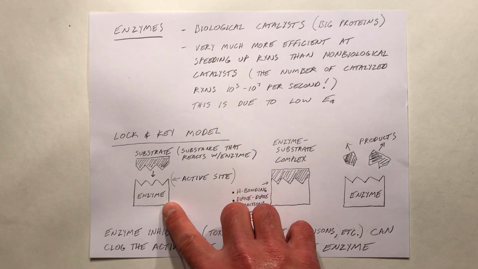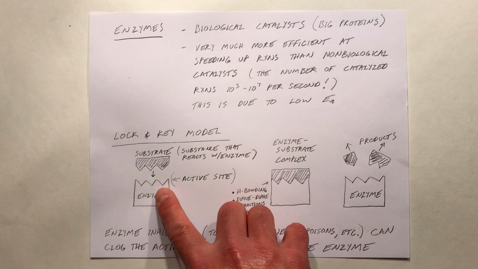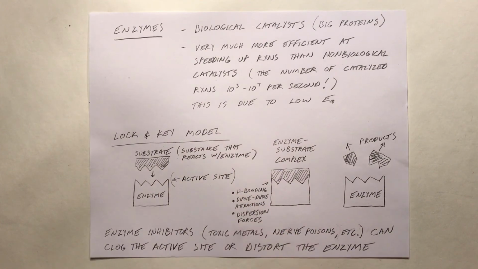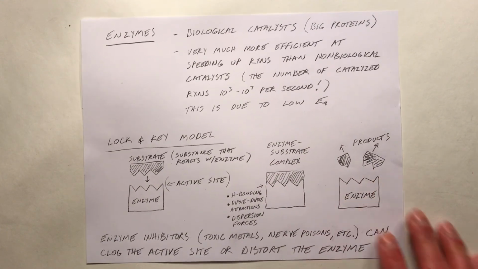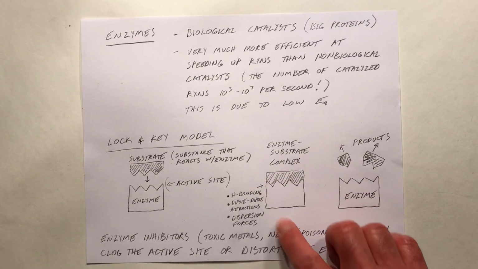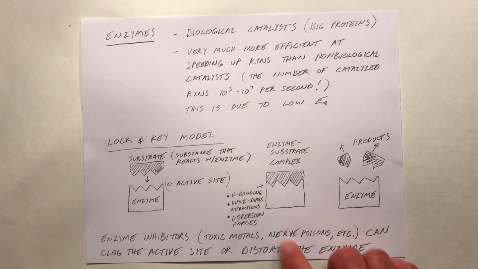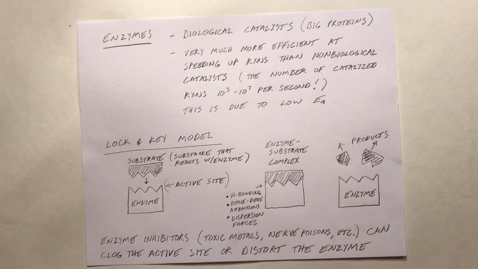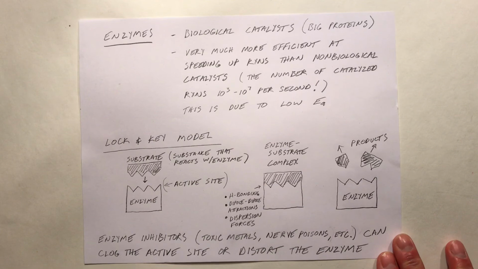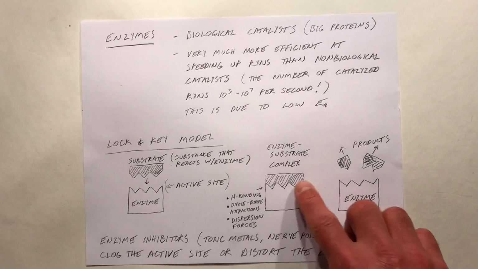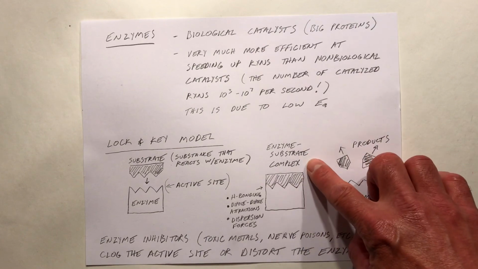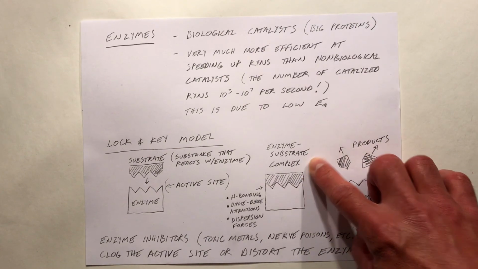So when the enzyme and the substrate line up at that active site, they come together and they stick to each other by intermolecular forces, or van der Waals forces, hydrogen bonding, dipole-dipole attractions, or dispersion forces, depending on the polarity of the enzyme and the polarity of the substrate. When they stick together, we get an enzyme-substrate complex.